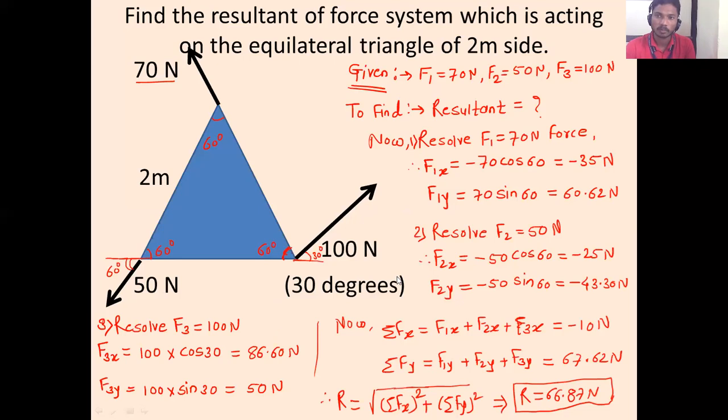What are the signs of x and y component in the first quadrant? Both are positive. Very good. Then we found its x component and y component. F3x is 100 into cos 30, that we got 86.60, and F3y is 100 into sin 30, that is 50 Newton.